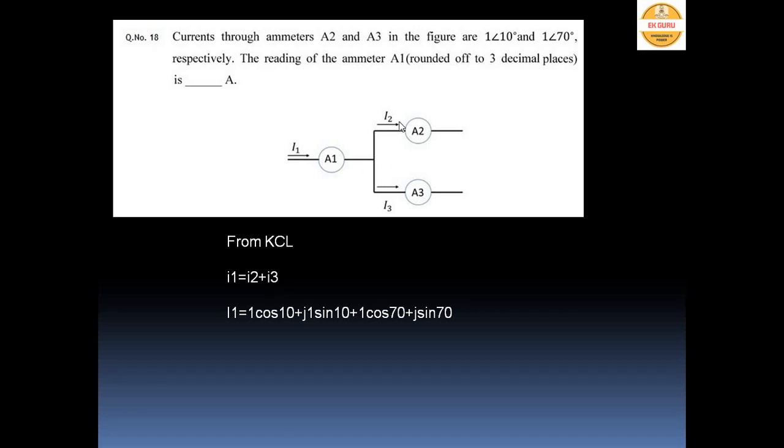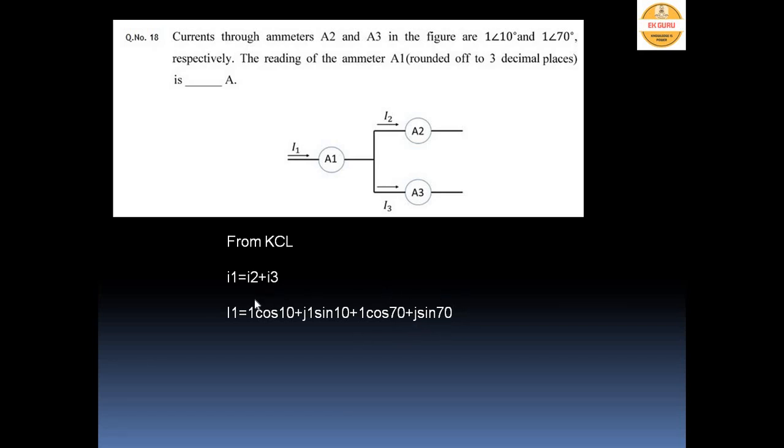I2 is equal to 1 at an angle 10, which we can write as 1 cos theta plus j sin theta. Likewise, 1 cos 10 plus j 1 sin 10. Similarly, 1 at an angle 70 can be written as 1 cos 70 plus j sin 70.